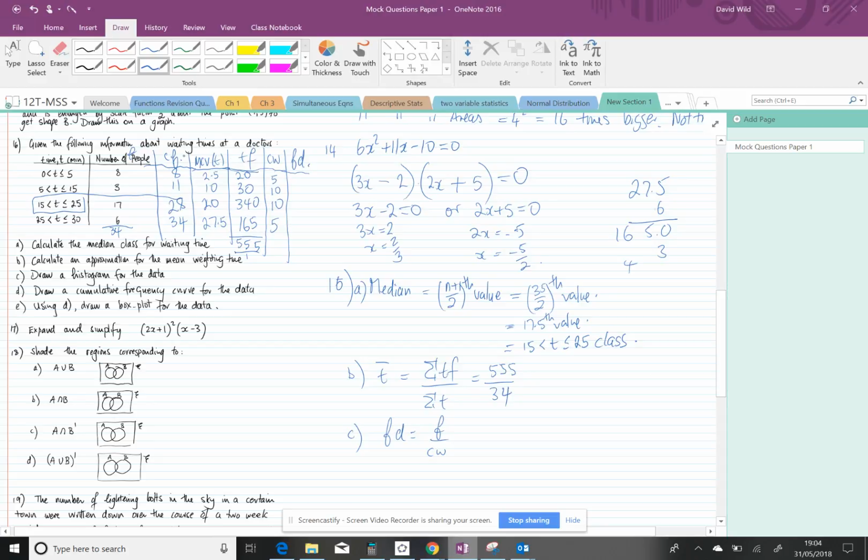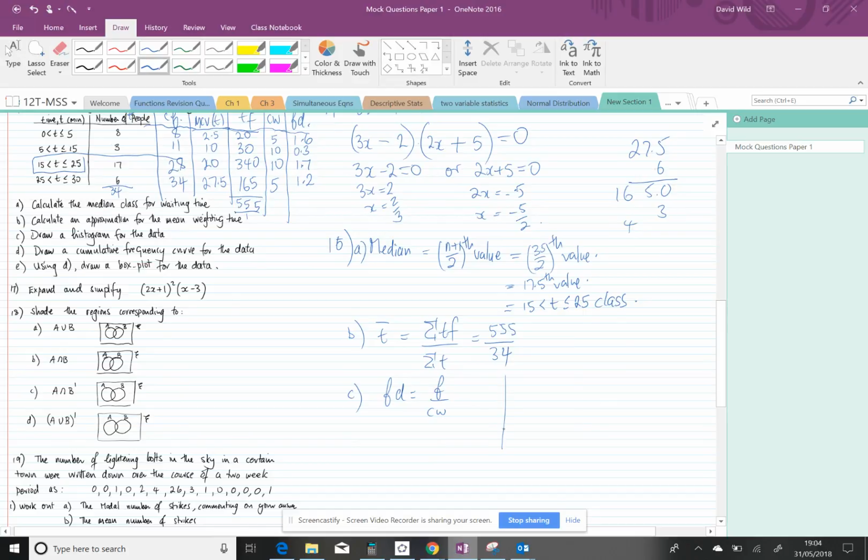So 8 divided by 5, which is 1.6. 3 divided by 10 is 0.3. 17 divided by 10 is 1.7. And 6 divided by 5 is 1.2.